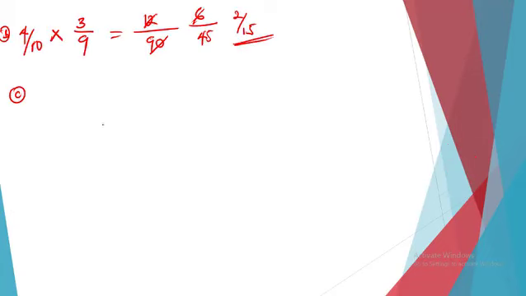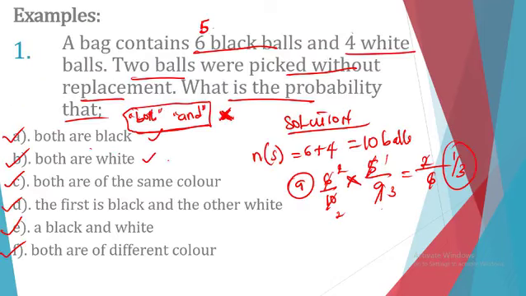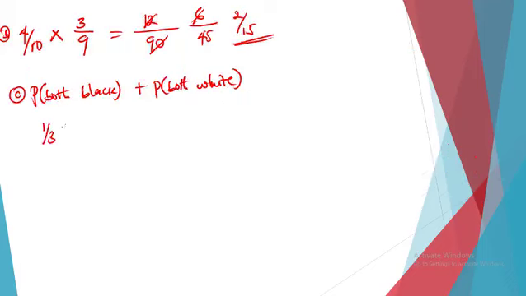So that will lead us to having probability of both black plus probability of both white, and then probability of both black is 1/3 plus probability of both white, which is 2/15, and our LCM is 15. 3 into 15 is 5. 5 times 1 will give us 5, plus 15 into itself is 1 times 2, and that will give us what? 7/15. Okay, then we have D.